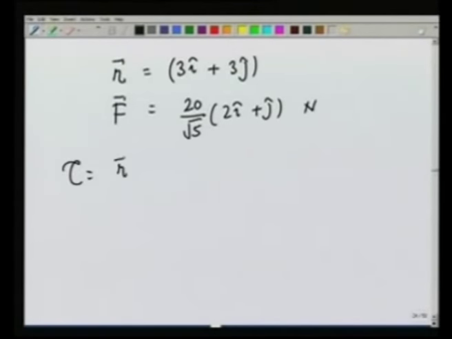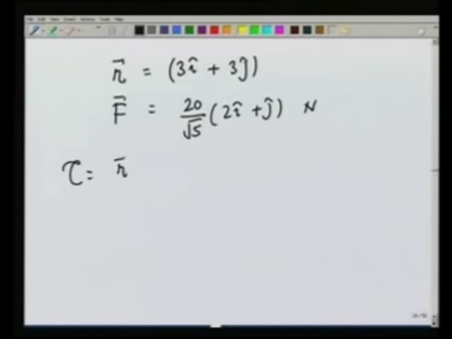If the forces are concurrent, that means they all meet at some point, this may be one force, this may be the other force, this may be the third force, fourth force, fifth force and so on, then for the torque I can take the point where they meet as the displacement, and therefore, this is going to be R_j.